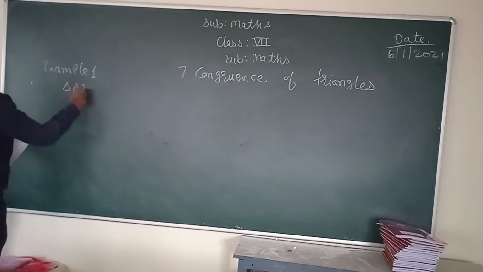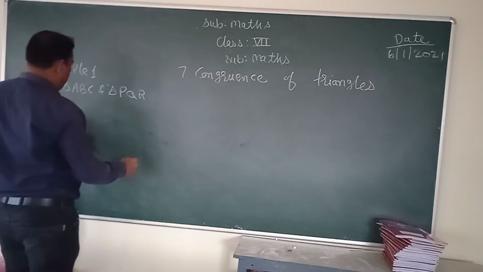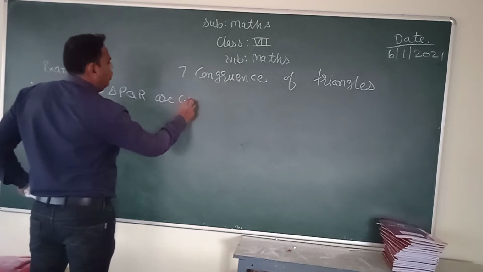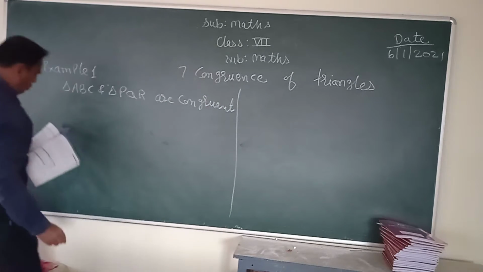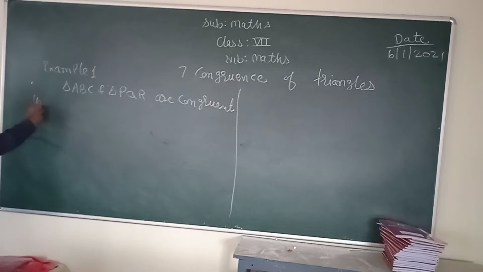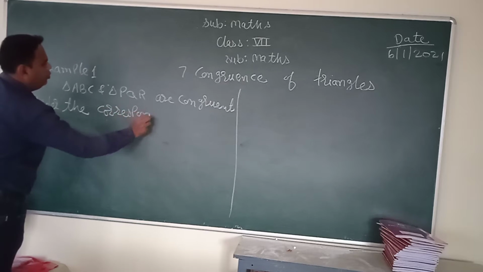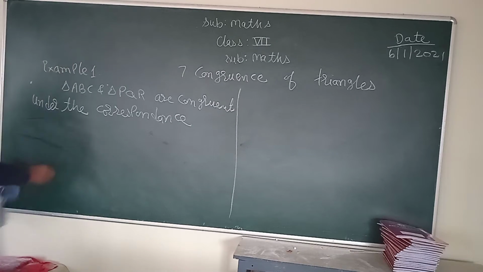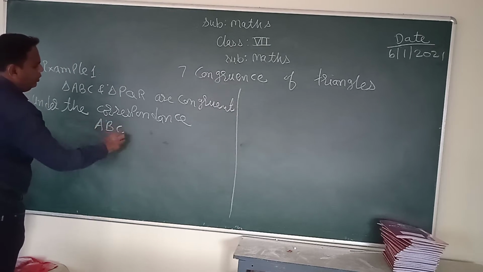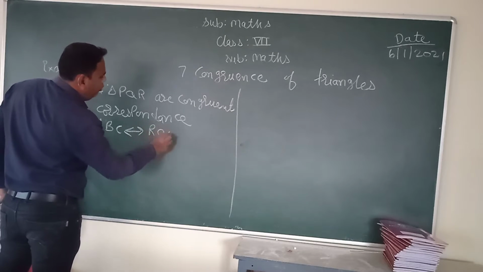Triangle ABC and triangle PQR are congruent under the correspondence ABC corresponds to RQP.